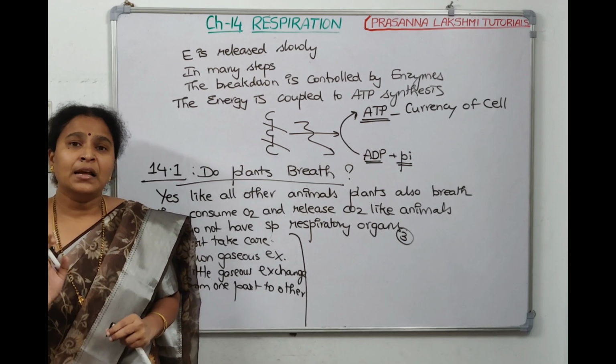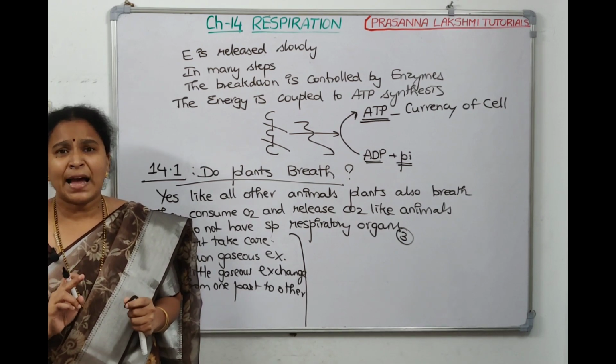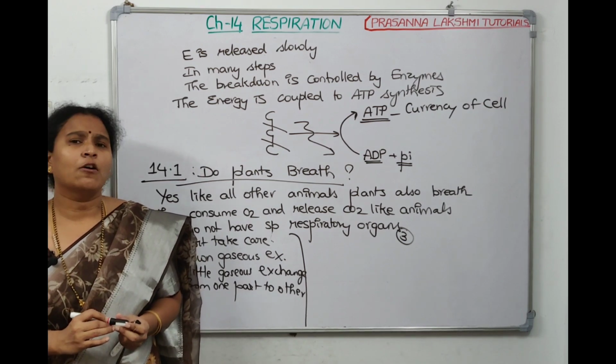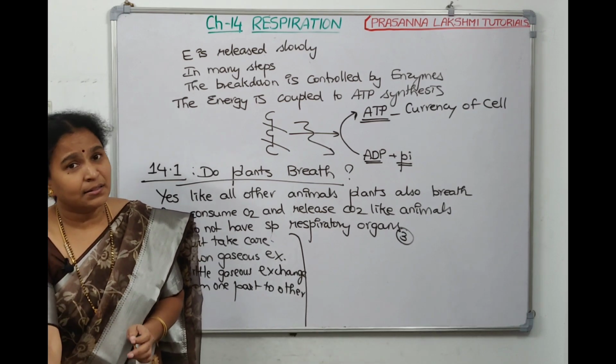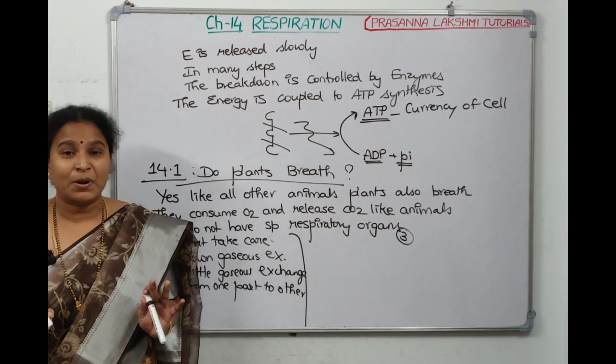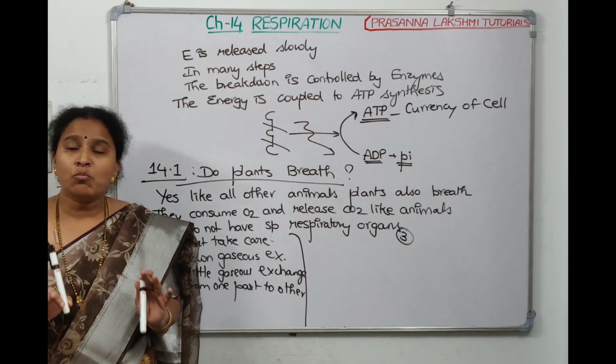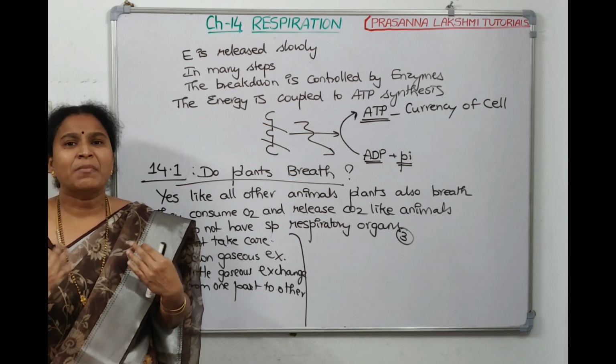Next point, they tell that plants do not have great demands for respiratory gases like animals. Plants don't move from their places, right? So when they don't move, they don't do much respiration.